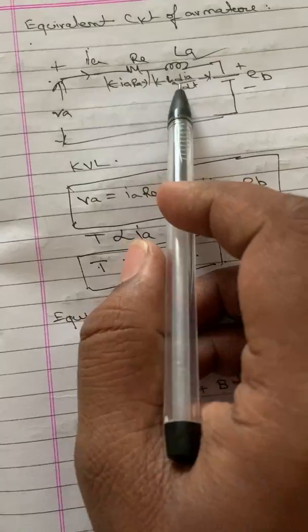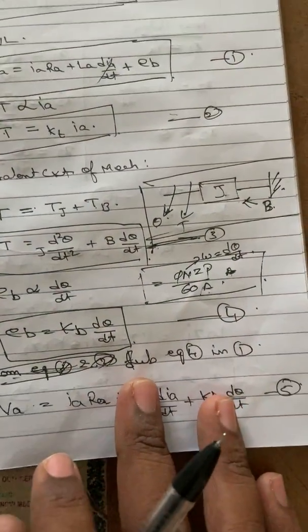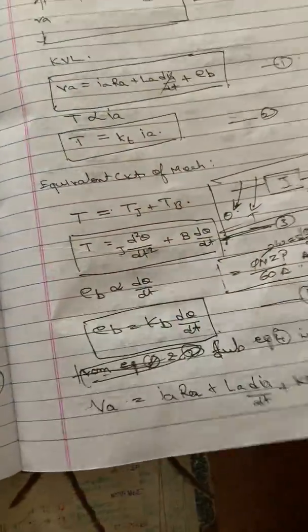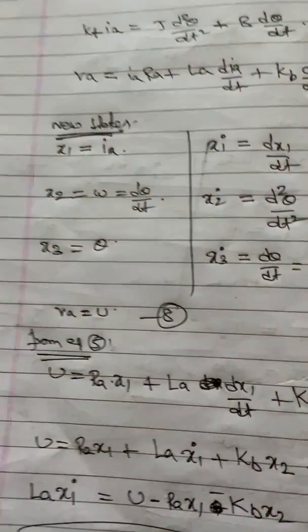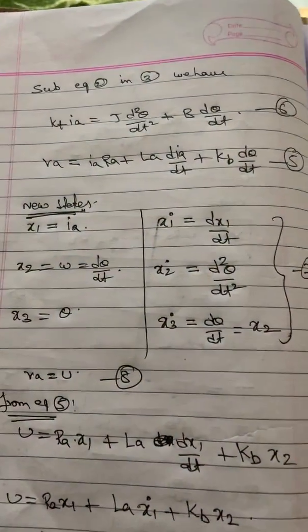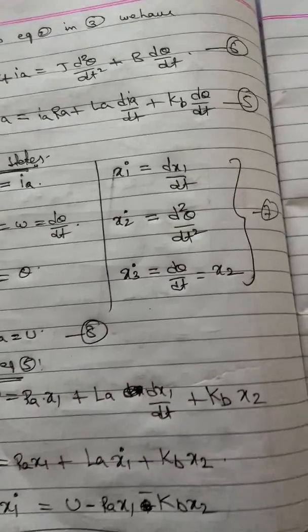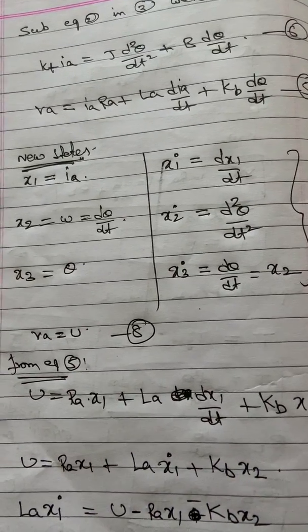Therefore, corresponding to the electrical part, we have 1 state. And coming to the mechanical part, we have angular displacement and angular velocity, theta and omega, as the states. Therefore, the total number of states for this system will be equal to 3. I'll repeat once again, for an electrical system, the total number of states is given by the total number of energy storing elements.